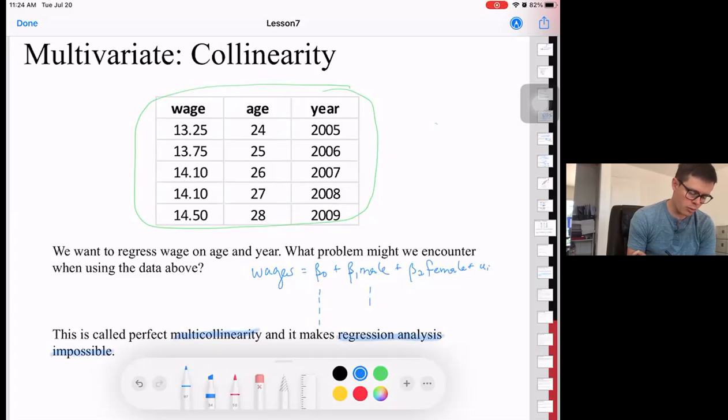Male is going to be a column of zeros and ones, and female is going to be a reciprocal column of zeros and ones. So where male is 1, female will be 0, or where male is 0, female will be 1.